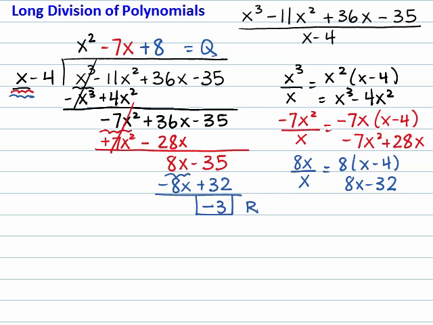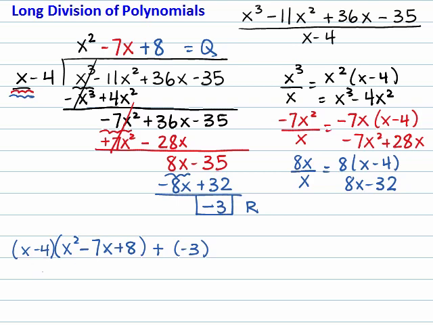Now, if I want to check my division, I will multiply the quotient x squared minus 7x plus 8 times the divisor x minus 4, and I will add the remainder. And if I have done it correctly, I should end up with the dividend.